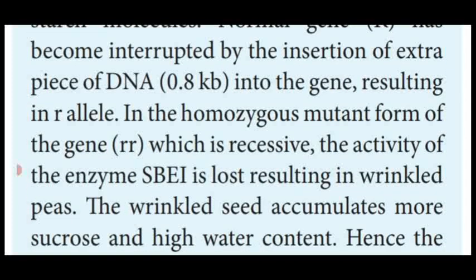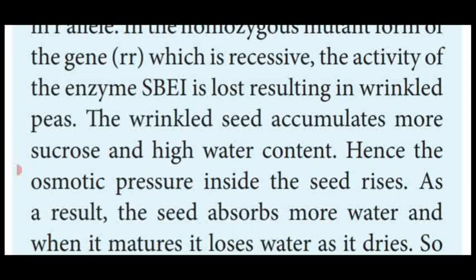They are unable to activate the starch branching enzyme, which does not encode the dominant allele R. So they stop producing starch content. So a large amount of sucrose and water is stored inside the seeds. When the seed matures, the water oozes outside and dries.